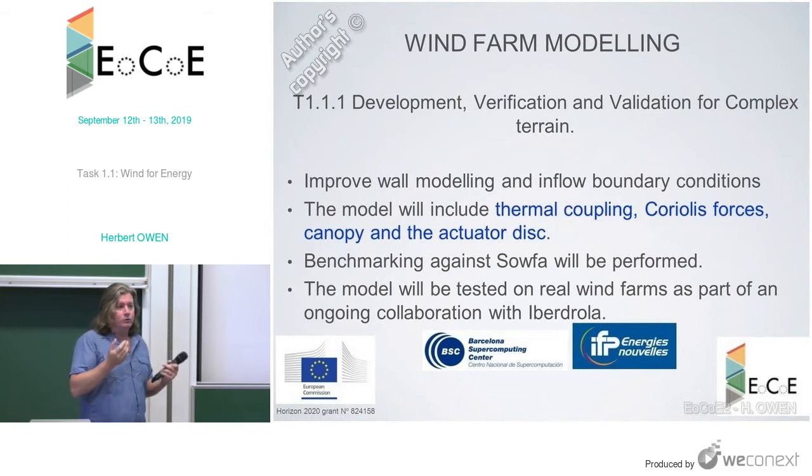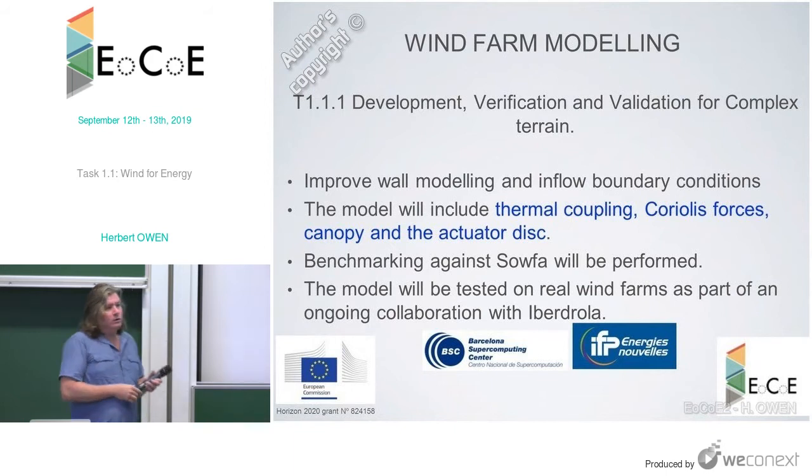Here you have to do special treatments, because if not, the LES becomes too costly, much more costly than what Exascale machines can handle. So you need to introduce some simplifications there. This is wall modeling. We'll also be working on the inflow boundary conditions, the turbulence that you put at the inflow.